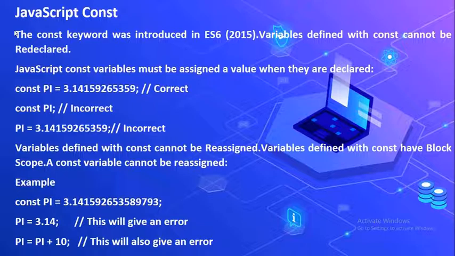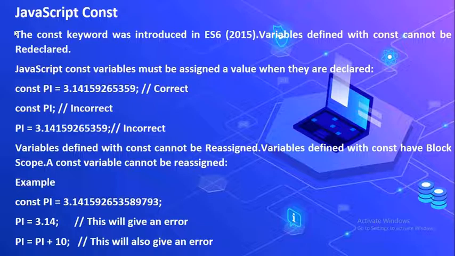This is incorrect. const pi; pi = 3.1415; is also incorrect. The correct way of declaring a const variable is const pi, or const variable name, equal to its value. That's the correct way of declaring the const variable.